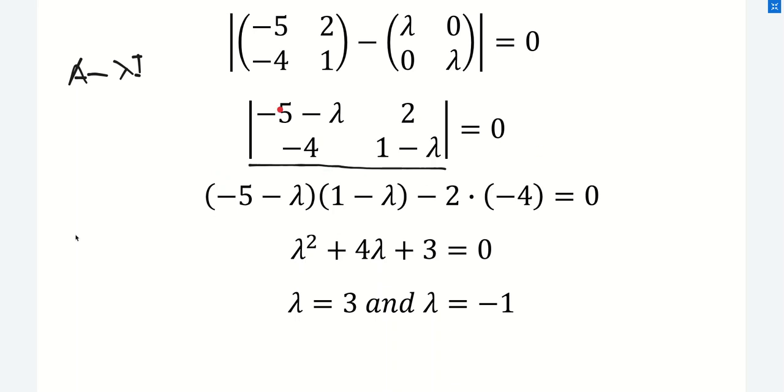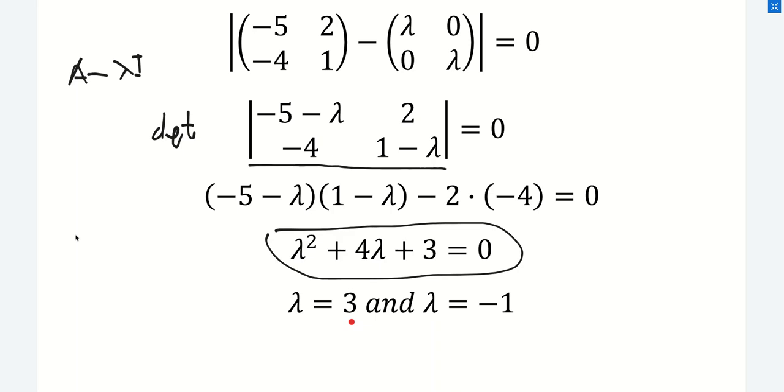When we solve this, we find the determinant, equate it to zero, and then you get this quadratic equation. When you solve it, we have 3 and negative 1. So the eigenvalues are 3 and negative 1.